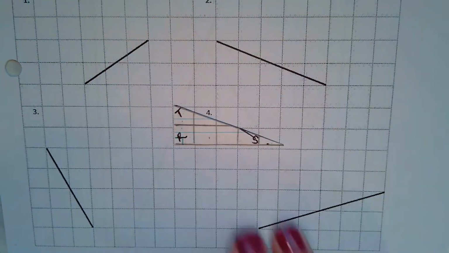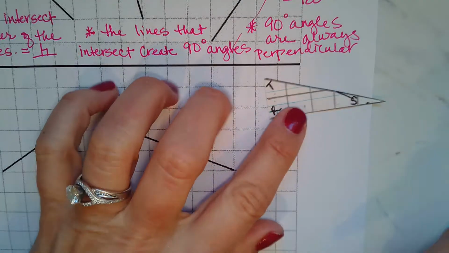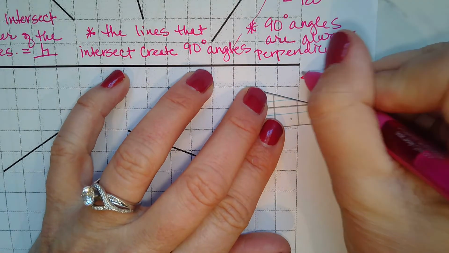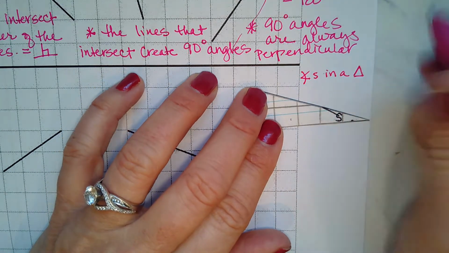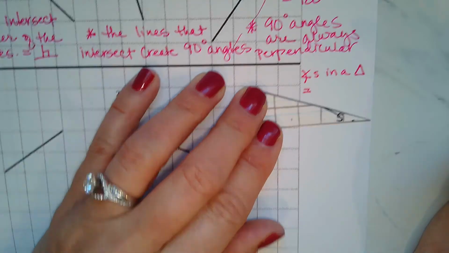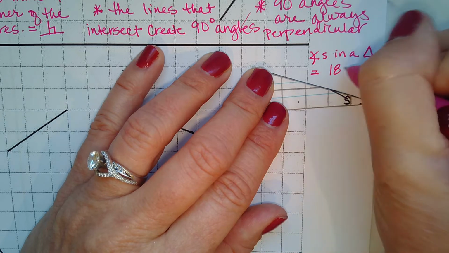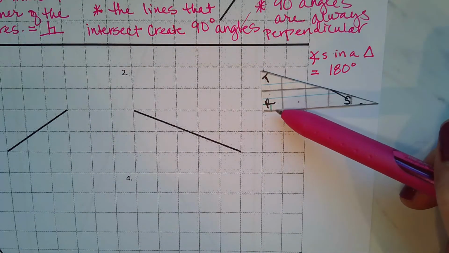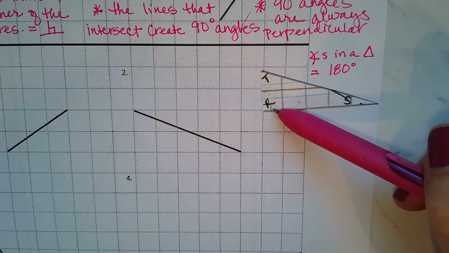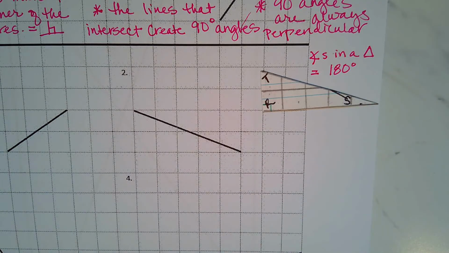Do you remember the rule for the angles in a triangle? Angles in a triangle equal how many degrees altogether? 180 degrees. So if we know that angle R is equal to 90, I wonder what T and S actually are, what angles they are.